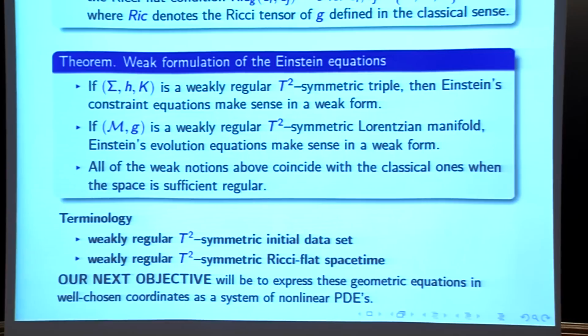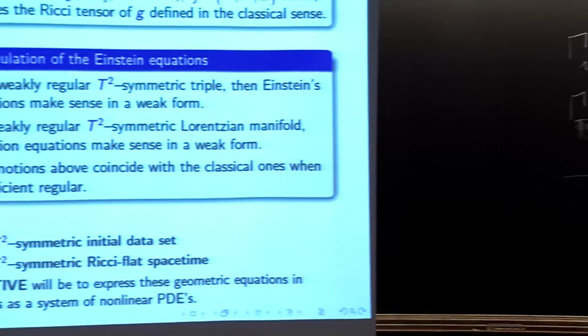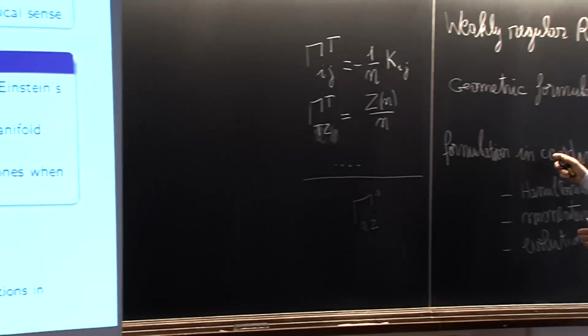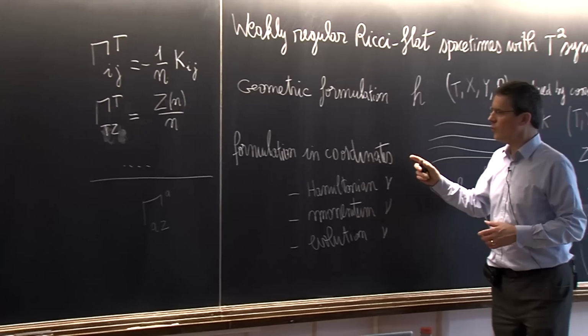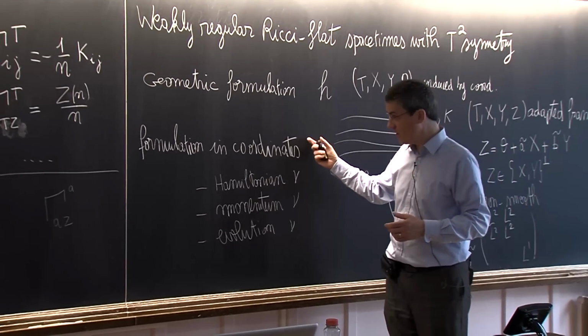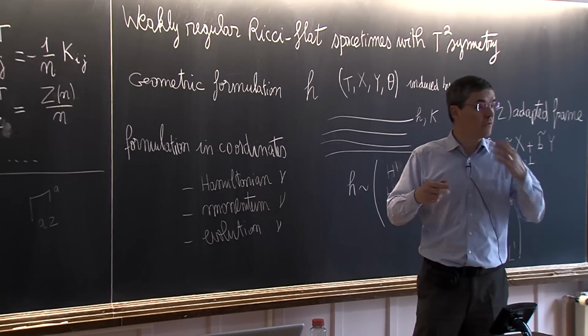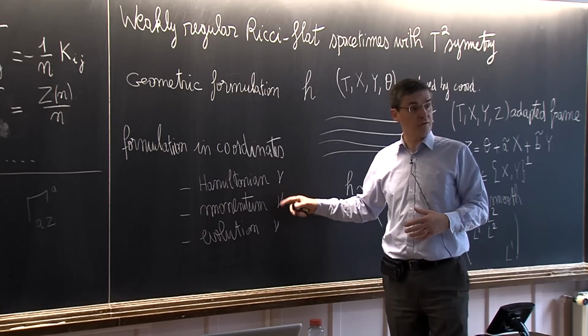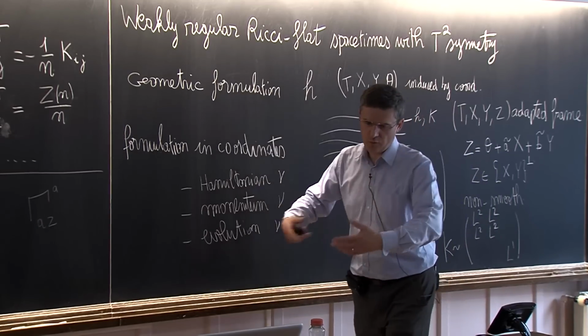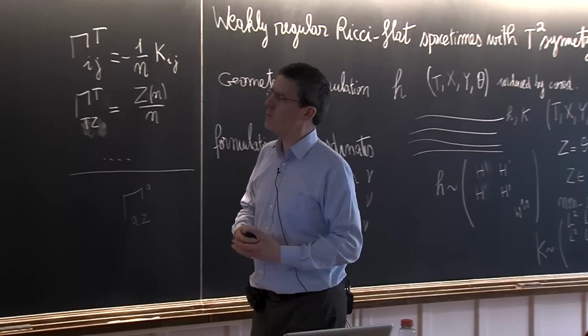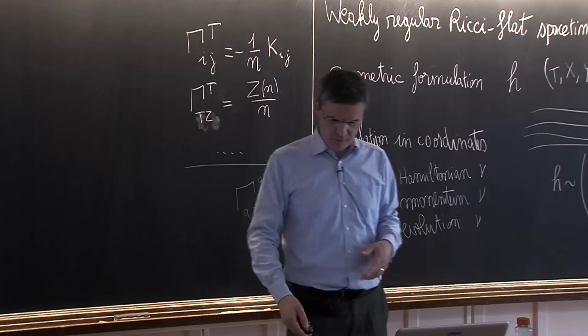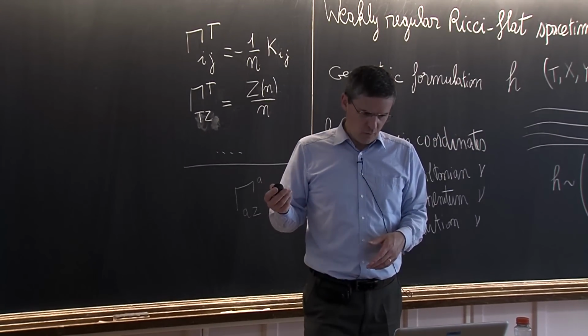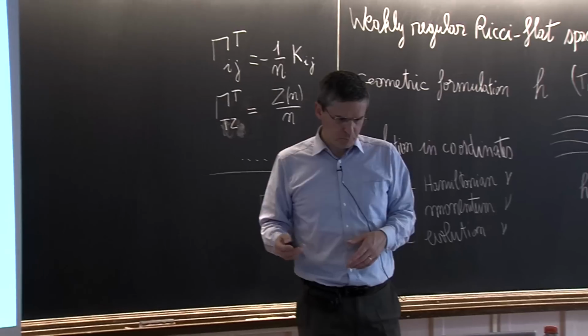And so what will be the objective now? It will be to go to the second step, to formulate in coordinates, what I will call admissible coordinates, these equations in a weak sense. And you will see the hyperbolic PDEs appear. Okay, so let's do that.